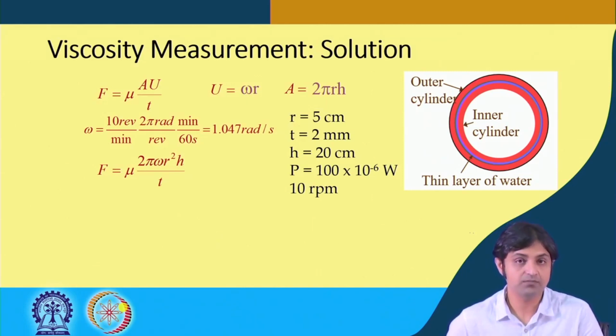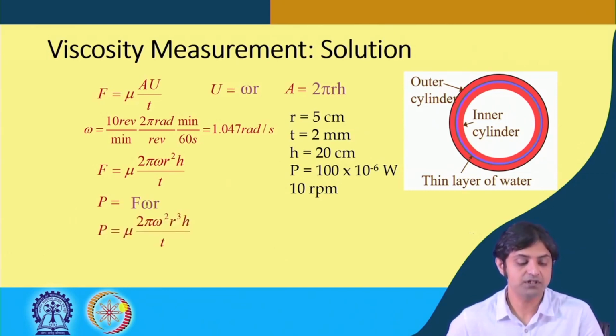So if we break down this equation in terms of omega and R, this is what we get. F is equal to mu multiplied by 2 pi multiplied by omega multiplied by R square H divided by T. The power is F into V, force into velocity, or F omega r in our case.